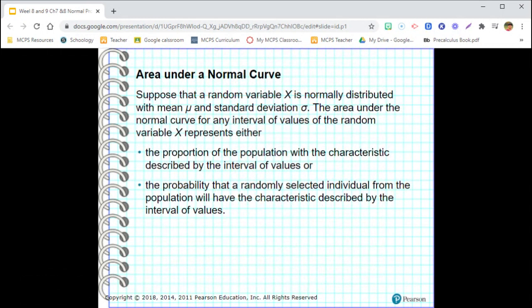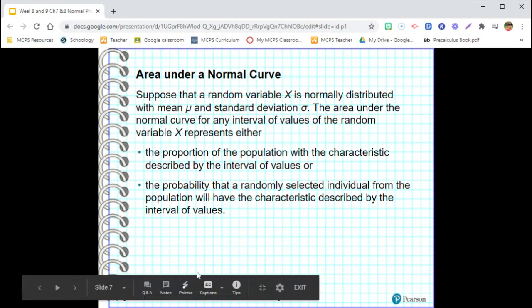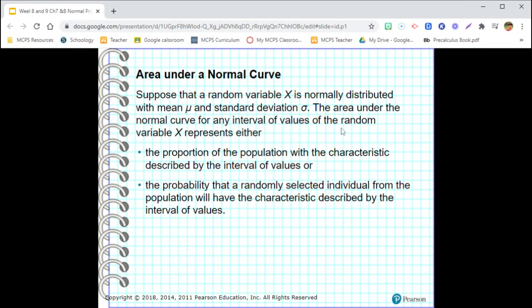So the area under a normal curve. Suppose that a random variable x is normally distributed with mean and standard deviation. The area under the normal curve for any interval of values of the random variable x represents either the proportion of the population with a characteristic described by the interval of values or the probability.